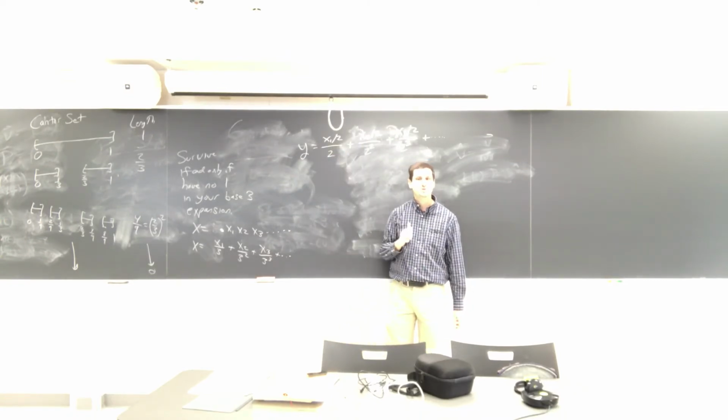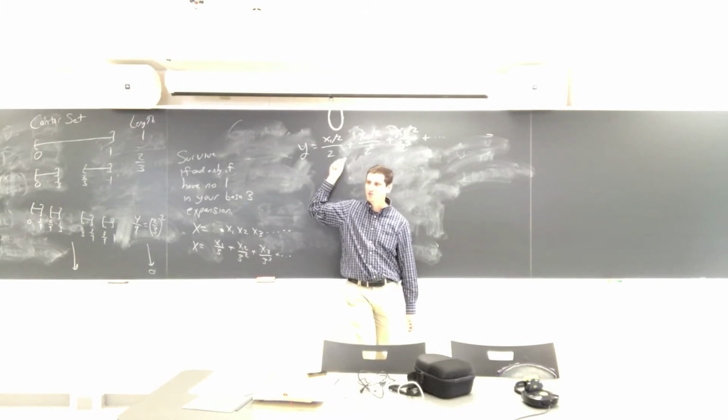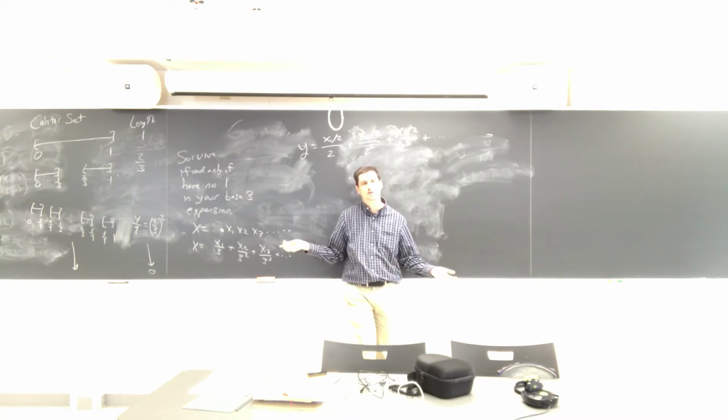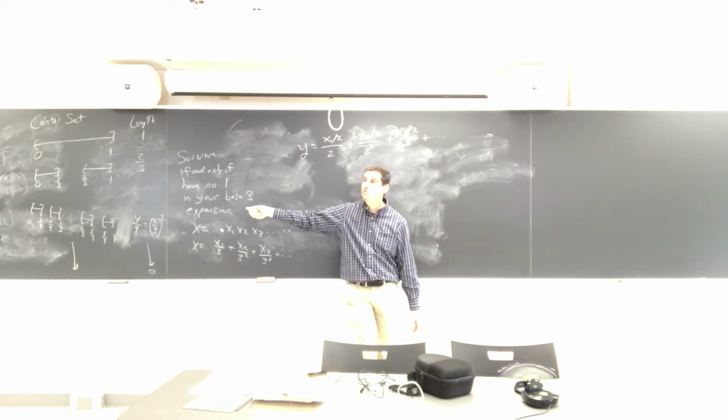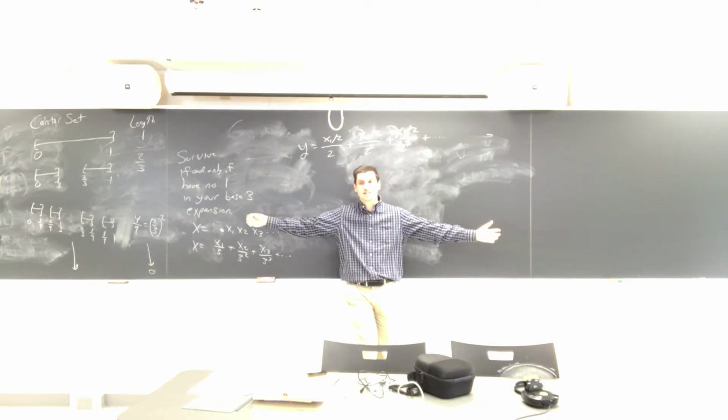This would be the base 2 expansion of a number. So there's essentially a one-to-one correspondence between base 2 expansions of numbers and the numbers in this set. Well, every number has a base 2 expansion. What this is telling us is that the number of numbers in this set is the same level as the total number of numbers in the interval 0, 1. It's the same infinity as that set.